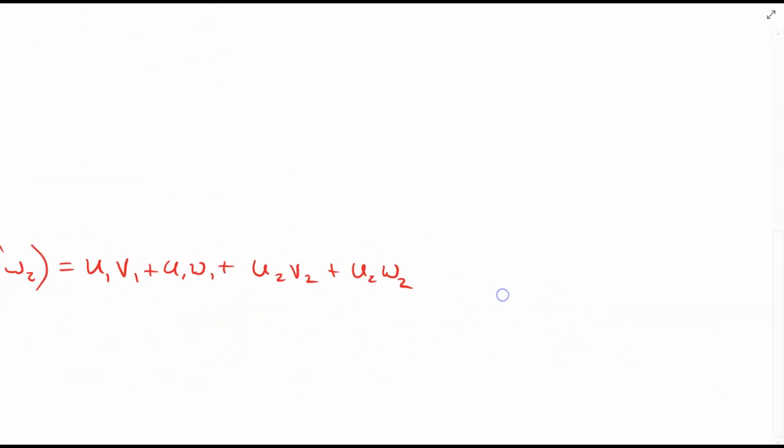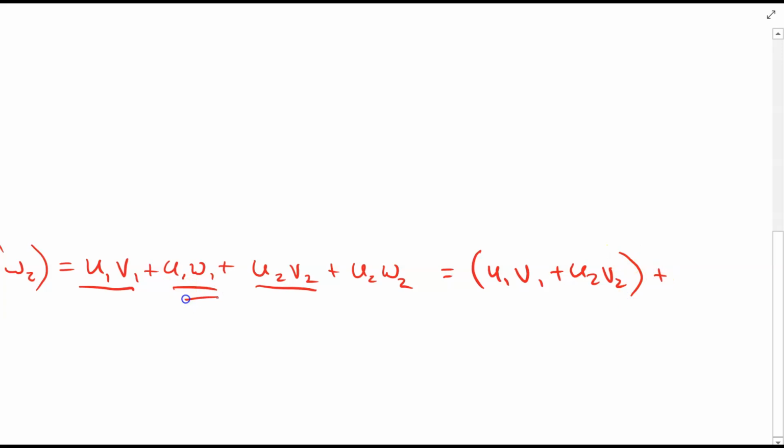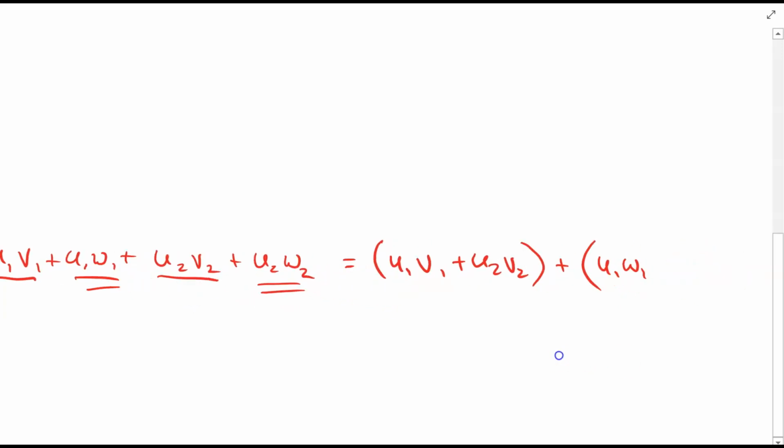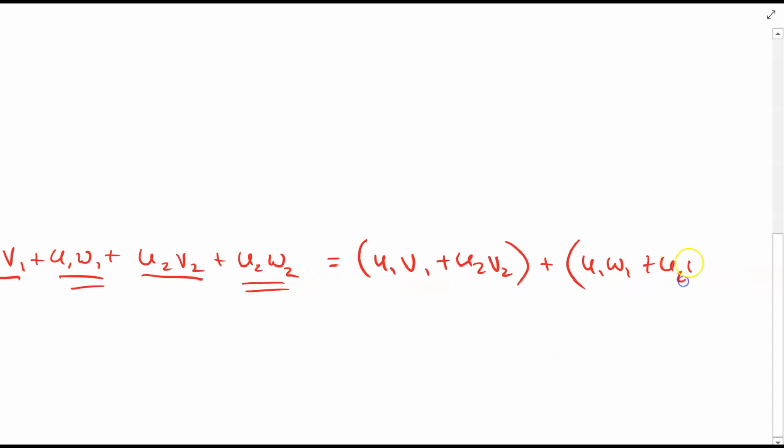So if I look here, these pieces have v's in them, and these pieces have w's in them. So I'm just going to group those pieces together. And it's okay to do that because, again, these are just real numbers and I can change the order of addition for real numbers. That doesn't make a difference.